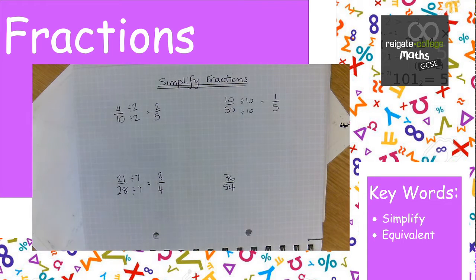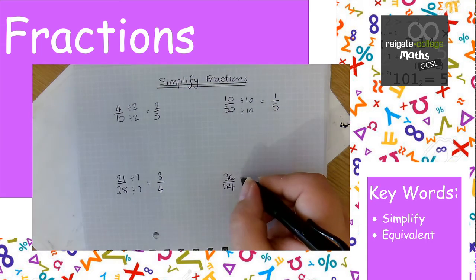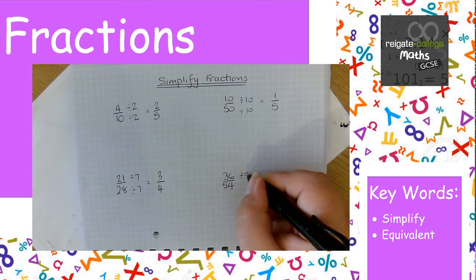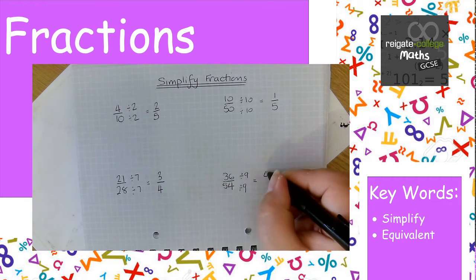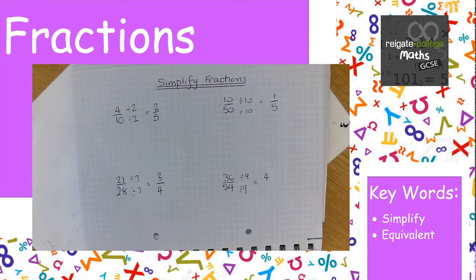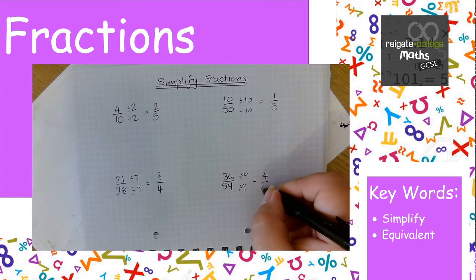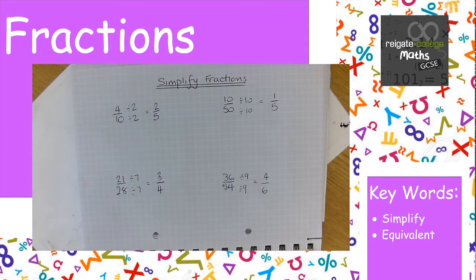Now the final example. My first thought is 36 and 54 are both in the 9 times table. So I'm going to divide the top and the bottom by 9. There are 4 9s in 36 and there are 6 9s in 54.